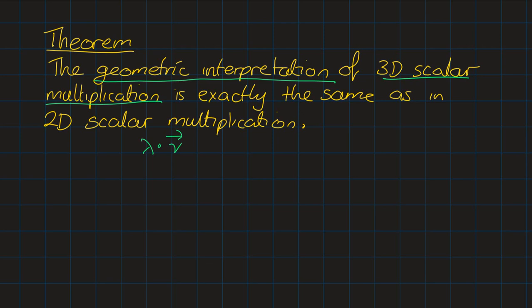In particular, if lambda is positive, then you don't change the direction of the arrow. If lambda is negative, then you flip the direction of the arrow. If lambda is bigger than 1, then you stretch the vector. If it's between 0 and 1, then you shrink the vector, and so on. All of that theorem holds exactly true for three-dimensional vectors as well.